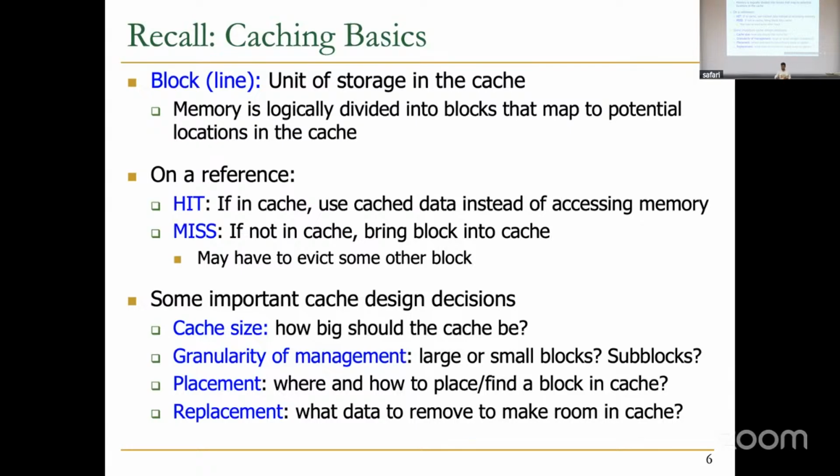Some of the design decisions are cache size and the granularity of the cache management, which is the cache block size. I'm going to show you some examples of how cache block size affects the performance of the cache. Replacement policy, placement policy, everything essentially determines how the cache is going to behave.